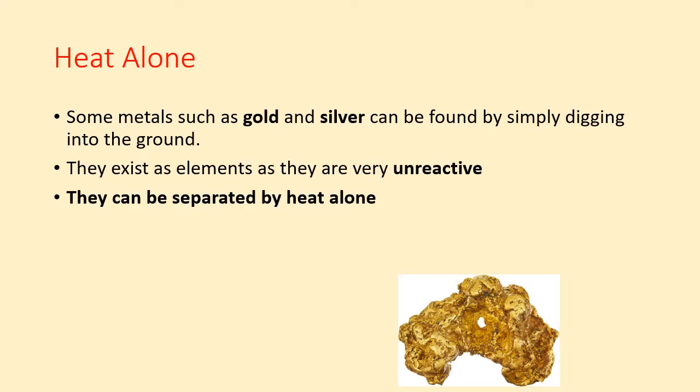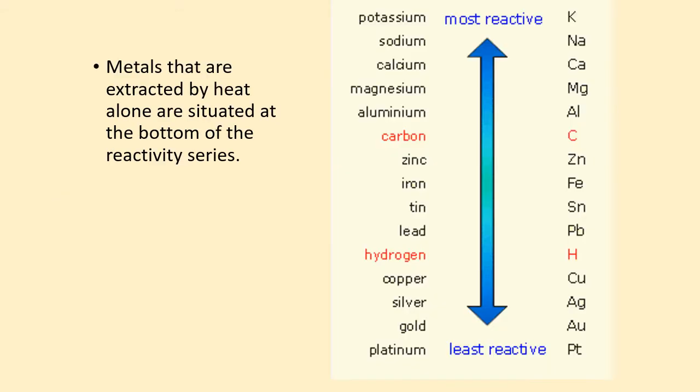And so sometimes you can just dig gold and silver out of the ground, and they can be separated by heat alone. So if you do have some silver or gold in a rock and you heat up the rock, what happens is that the gold or silver will melt and you can separate that from the rock.